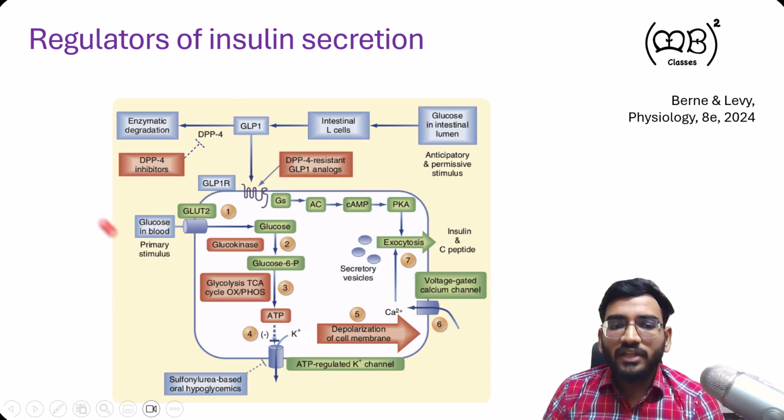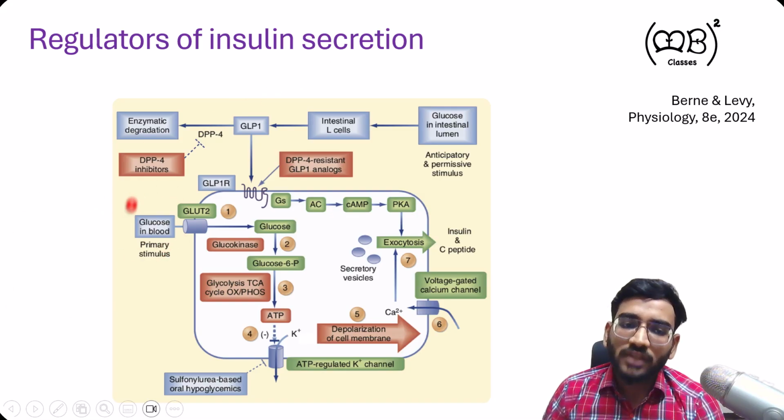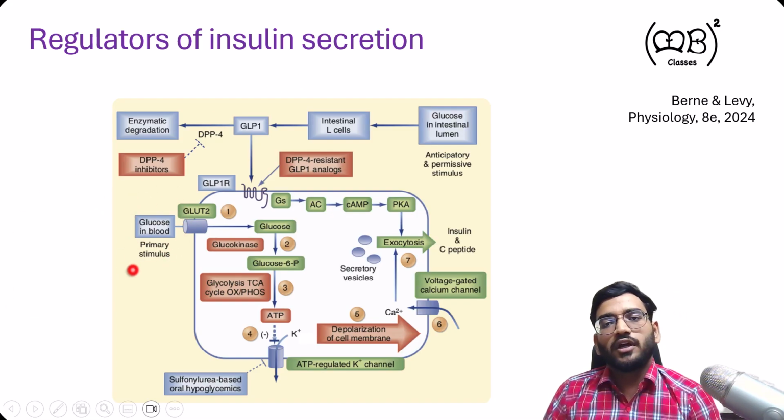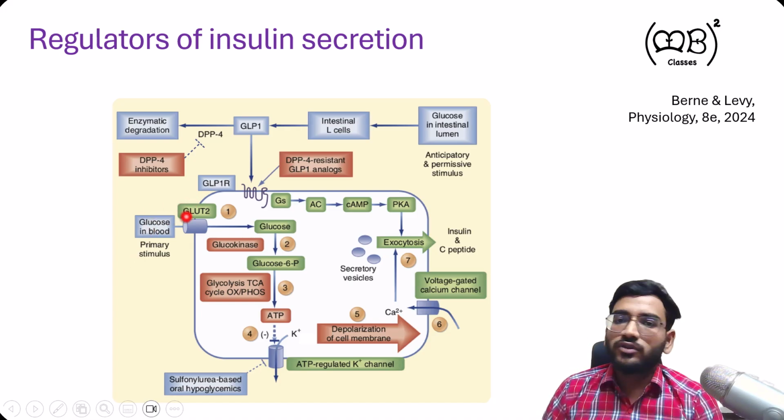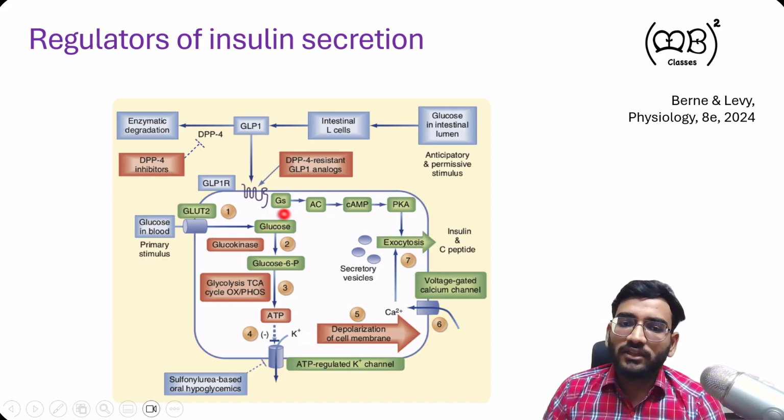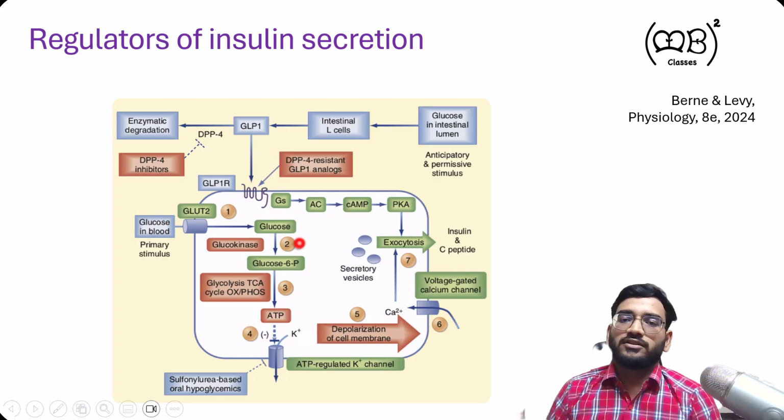So the primary stimulus for insulin secretion is blood glucose levels. So glucose in the blood enters via GLUT2, which is insulin independent, into the cell. As soon as it enters into the cell, the glucose is converted into glucose 6-phosphate via glucokinase.